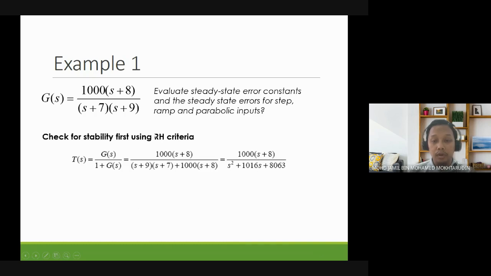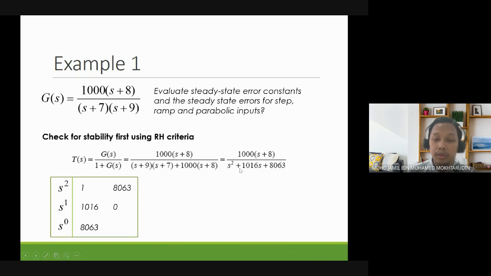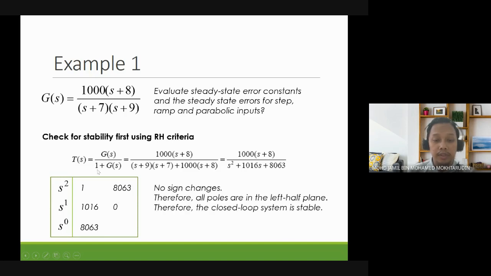Again, for Routh-Hurwitz criteria, you use the denominator. We generate the Routh table. Start with s squared and then s1, fill in alternatingly, and then find s naught. If you look at the first column, there are no sign changes, meaning that all poles are located in the left half plane, and the closed loop system is stable.